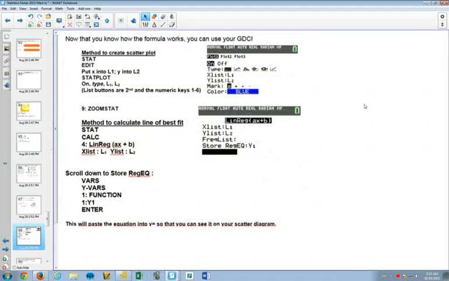Okay, so once you've got your data in there, go to Stat, over to Calculate, and then go down to number 4.